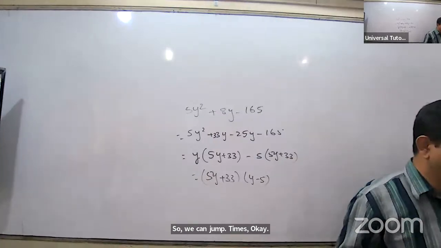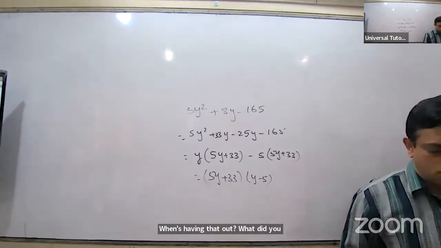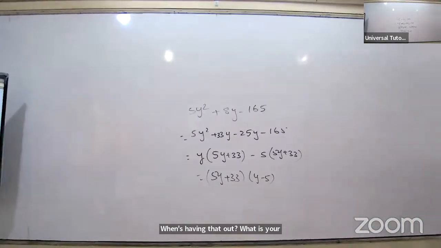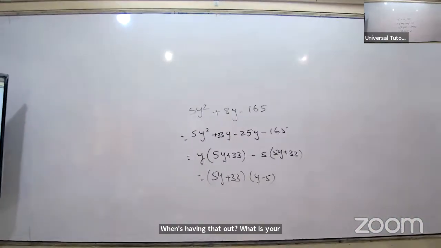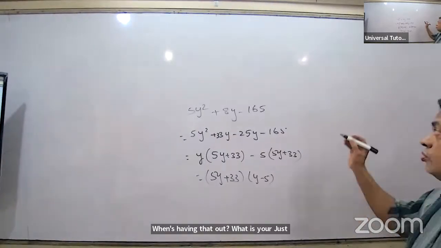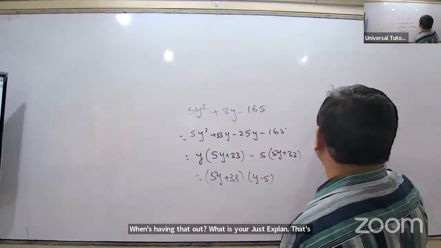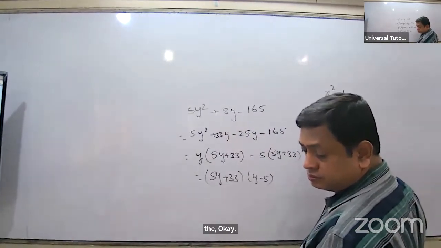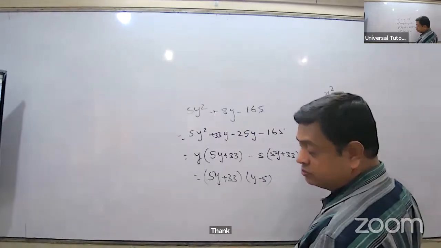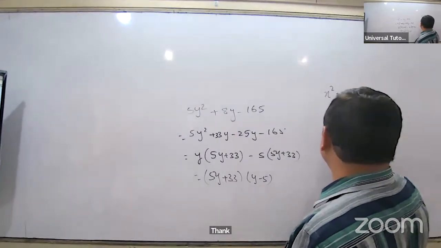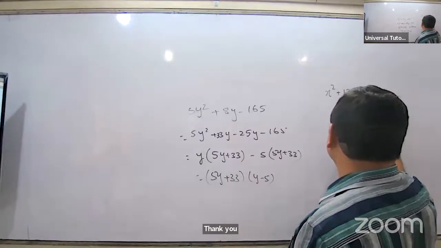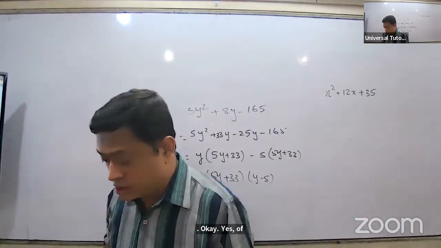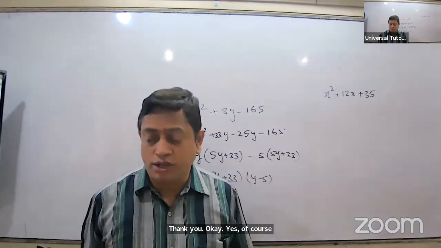Who else is having the doubt? What is your doubt? Second question. Read the second question. X square minus 12x plus 35. Question copied also not proper. Sir, I made a mistake. What is the question? X square plus 12x plus 35. Even minus 12x plus 35 also.